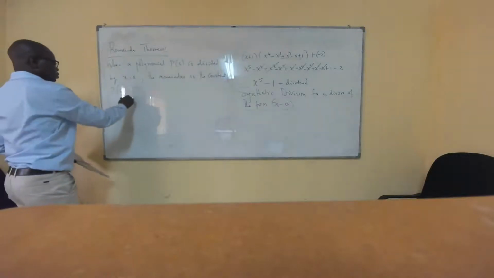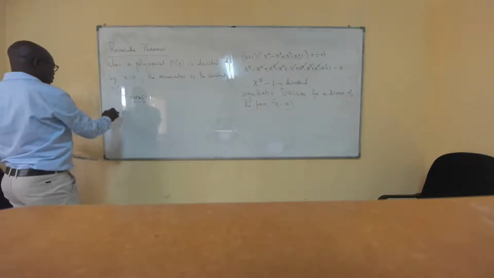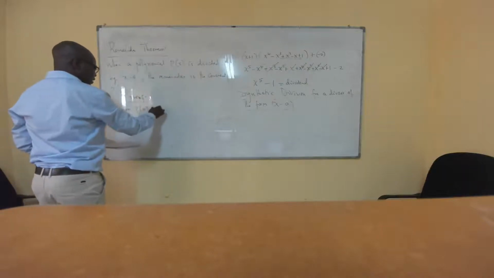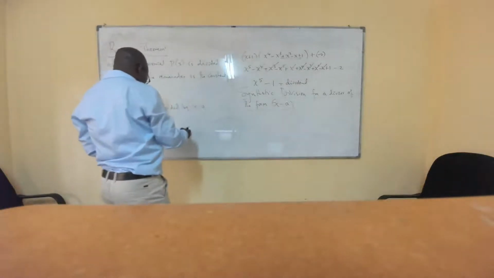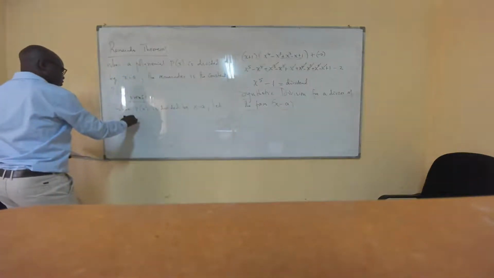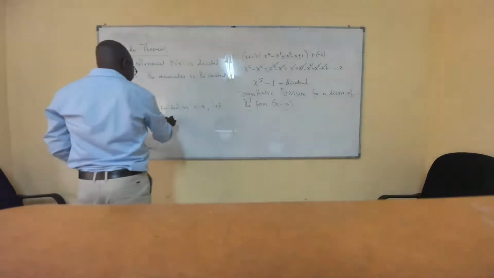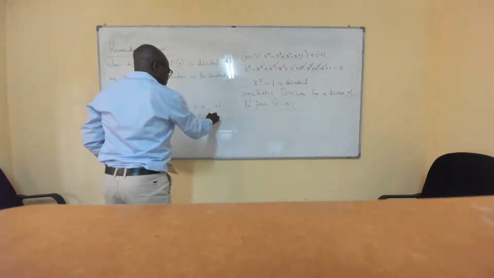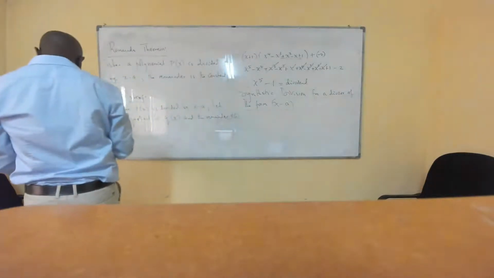And it's not difficult to see this, so we can provide a proof. So when P of x is divided by x minus a, let the quotient be q of x, and the remainder be R of x, some function R of x.